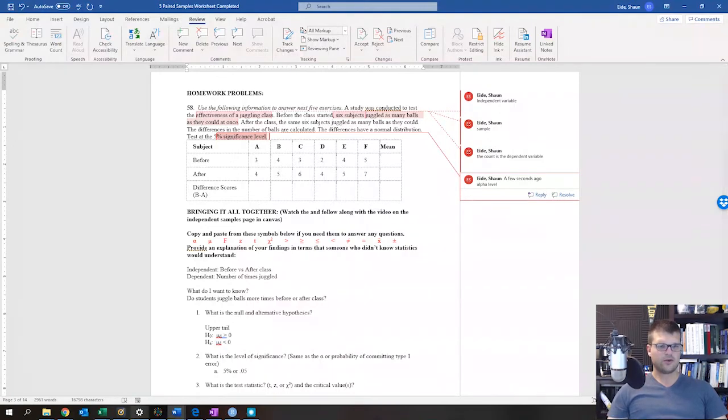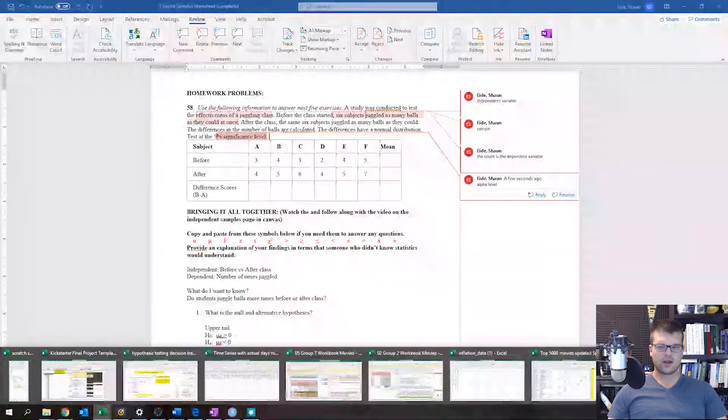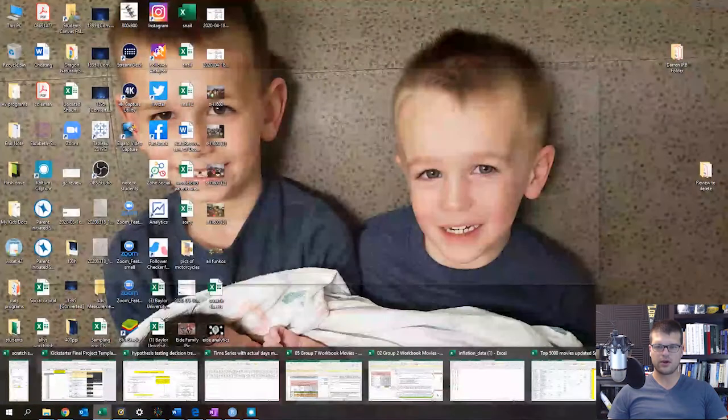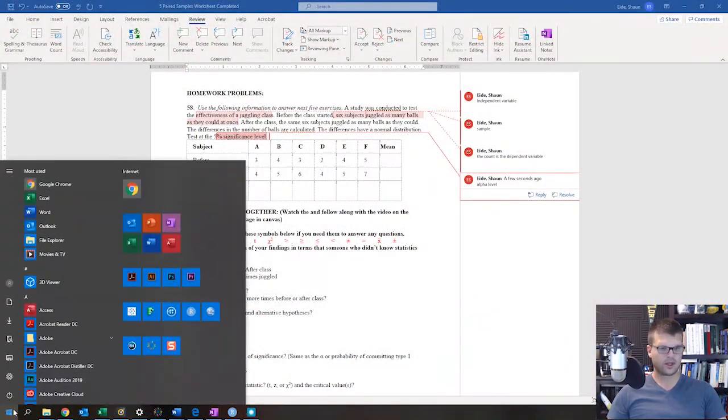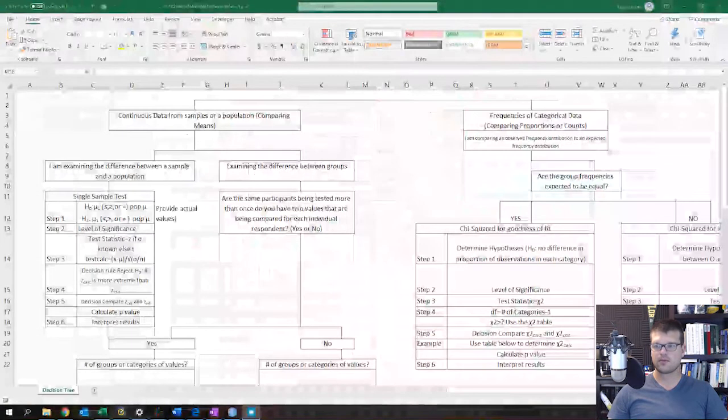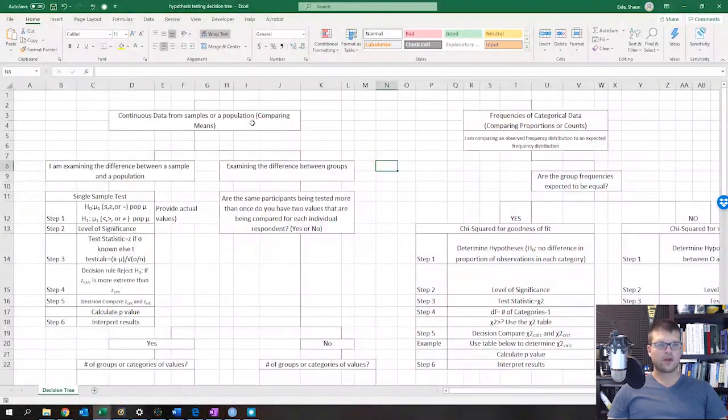So we've got a little bit of information here, and now we've got to do some calculations. First, before we do any calculations, let's go through the decision tree to make sure that we know exactly what we are doing and why. So we've got the hypothesis testing decision tree here, and let's go through this step by step. First of all, are we dealing with continuous data from a sample, or are we dealing with frequencies of categorical data?